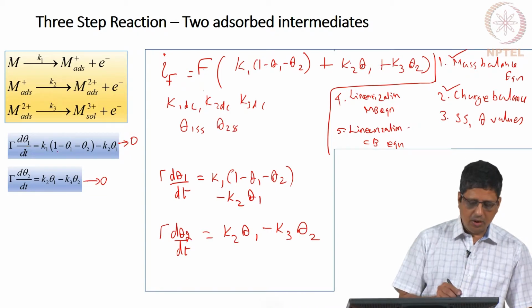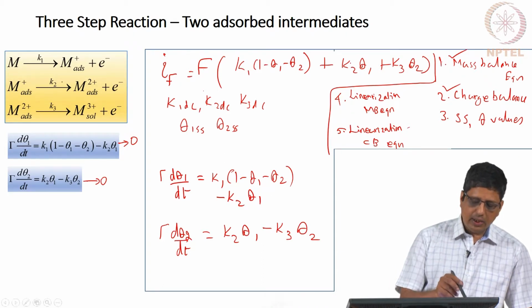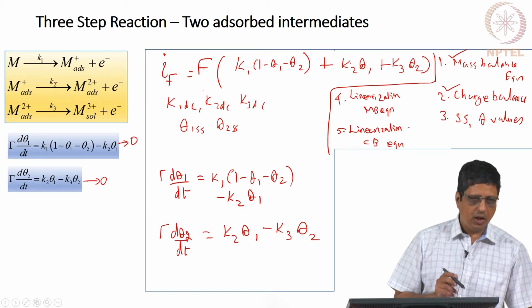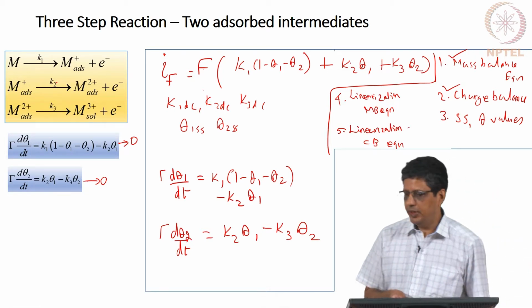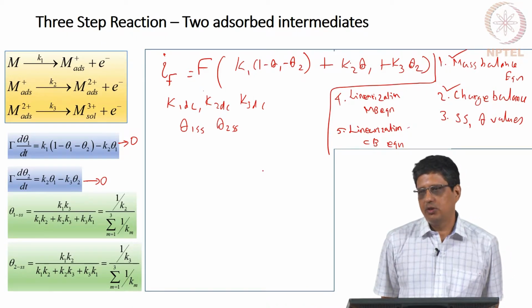So, set this to 0, replace K1 with K1 DC, K2 with K2 DC, K3 with K3 DC. By the way, K1, K2, K3 they all depend on potential, they are all electrochemical steps. You would get two equations in two unknowns, linear equations. So, you can solve them.